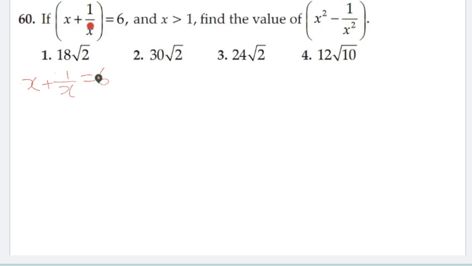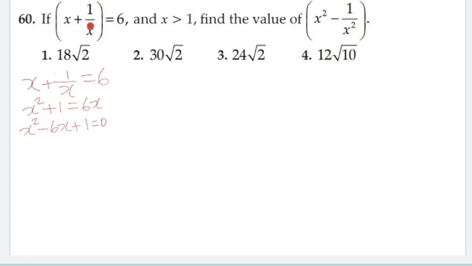So we can simplify this and write x square plus 1 is equal to 6x. This gives us the equation x square minus 6x plus 1 equal to 0. So this is a quadratic equation.